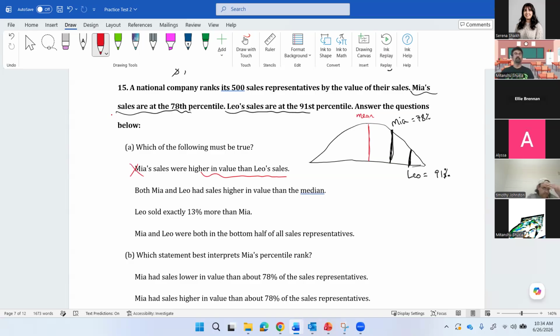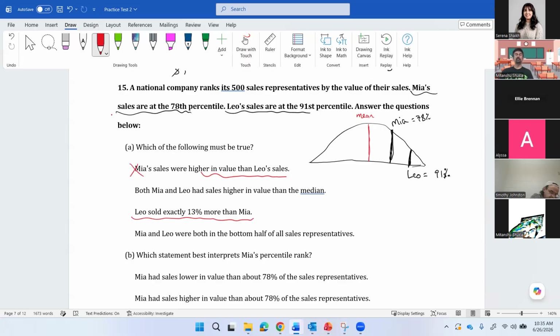Alyssa says this is correct. Okay. So this one says Leo sold exactly 13% more than Mia. Is this true? It seems like it's also true.